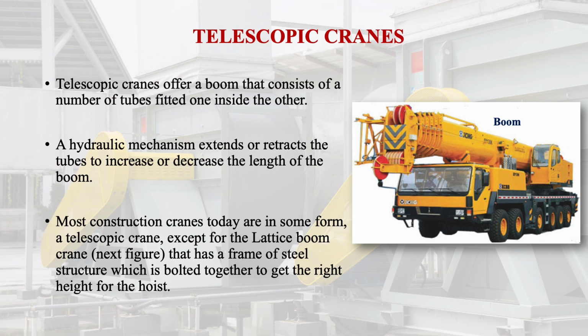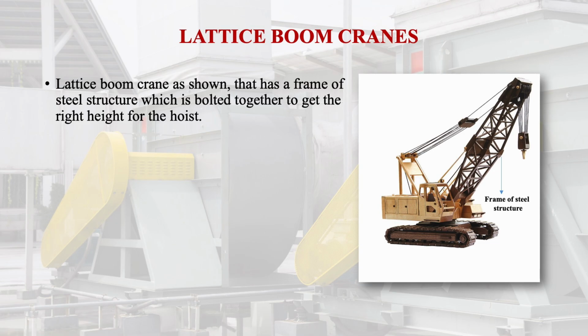We will see in the next figure that a lattice boom crane has a frame of steel structure which is bolted together to get the right height for the hoist. This is a lattice boom crane. It has a frame of steel structure which is bolted together to get the right height of the hoist.